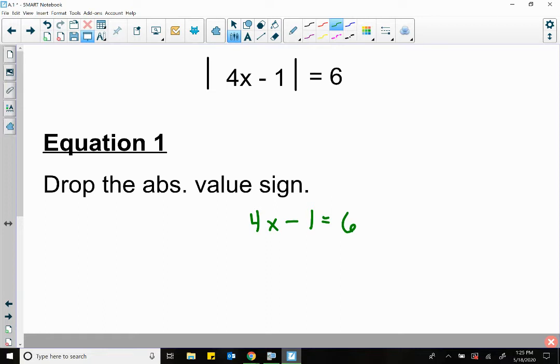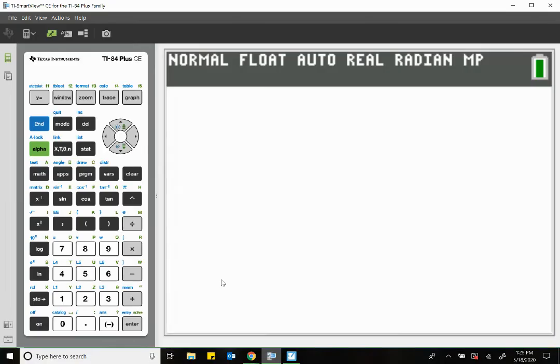And you'll solve it. So add 1, 4x is equal to 7, and then divide by 4. And now you know that x is equal to, now many of you are going to go to your calculator and you're going to say 7 divided by 4.